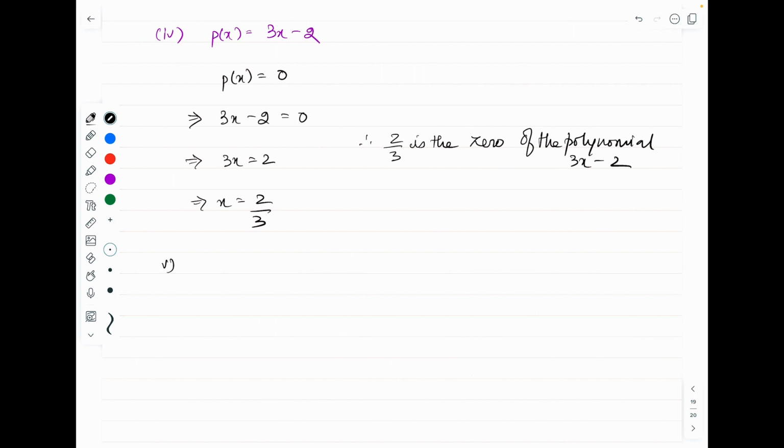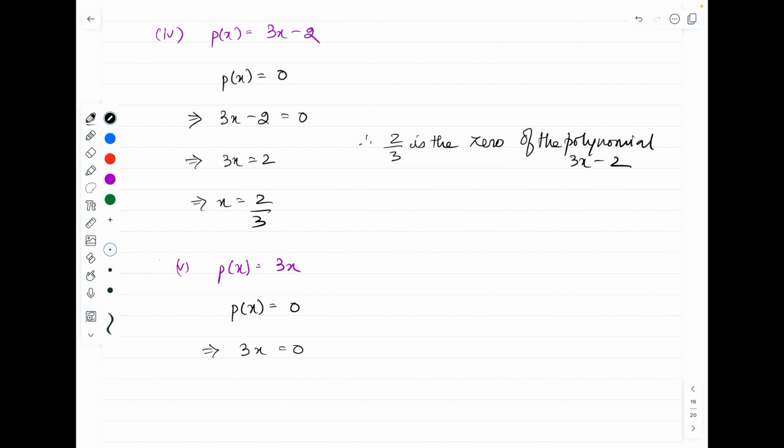Fifth question is p of x equals 3x. Again we will do p of x equals 0. Instead of p of x we can write 3x equals 0.